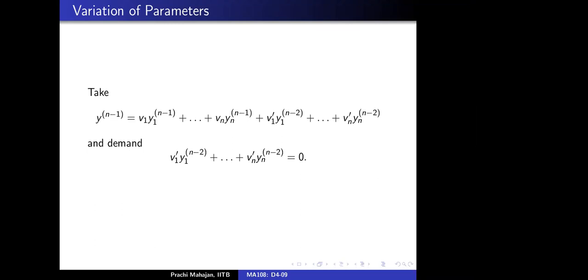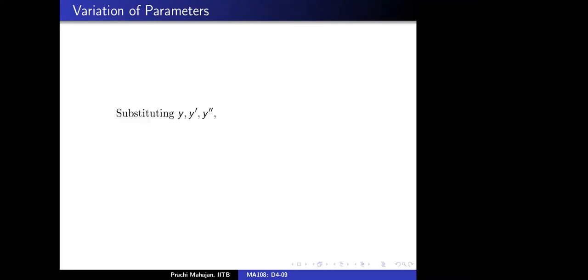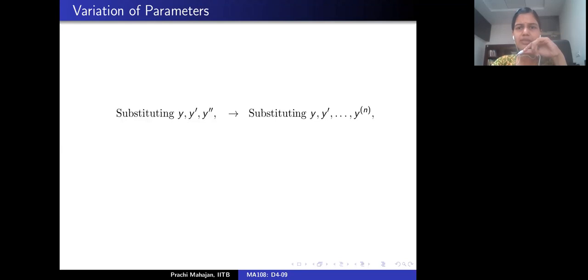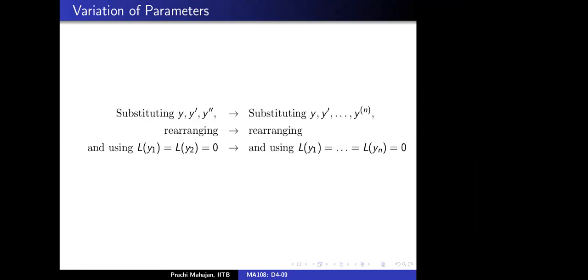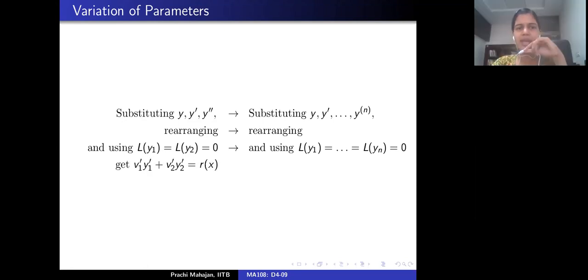Yes, and then the last condition will come from the right-hand side R equal to R of x. The last condition is obtained by substituting this in the given differential equation. I'm going to use that y1, y2, yn are solutions of the homogeneous equation.